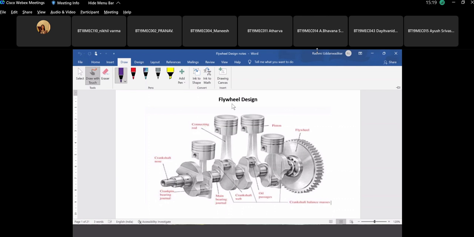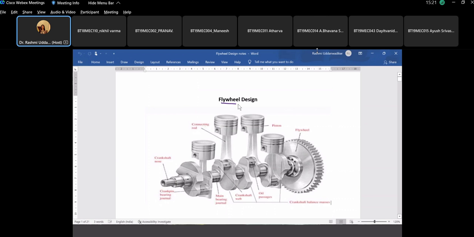What do you understand by the term flywheel? What is a flywheel? And why do you need a flywheel? Just one? Are you there?